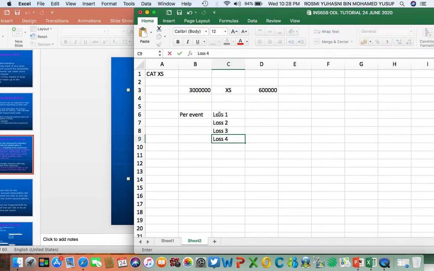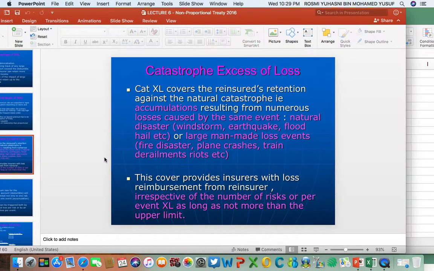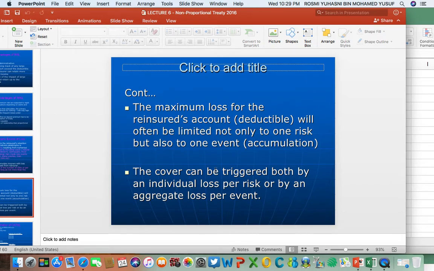Remember, all these losses will have one deductible applied. So one deductible will be deducted from the total of all these losses. The maximum loss for the insurer's account is called the deductible, and often will be limited not only to one risk but also to one event.